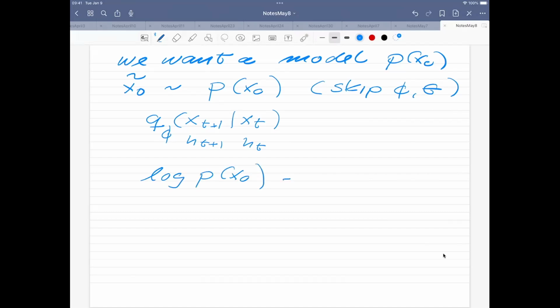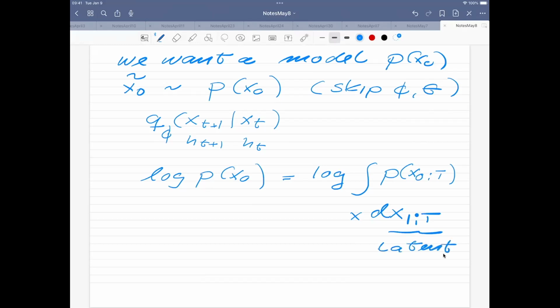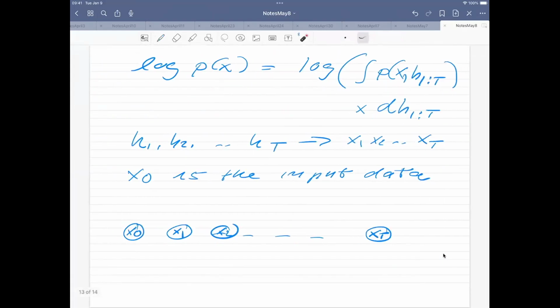And this is the same as optimizing the integral from X0 to the final time or the final step T multiplied with, so we are integrating over all the latent space, all the latent degrees of freedom, latent variables, from 1 to the final T here. So in the previous case, I used H, but now we are just integrating from X1 up to X of T.